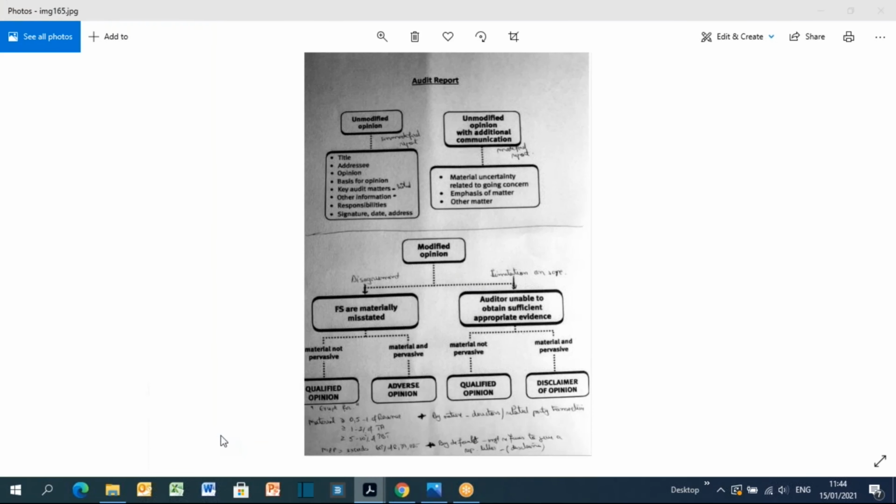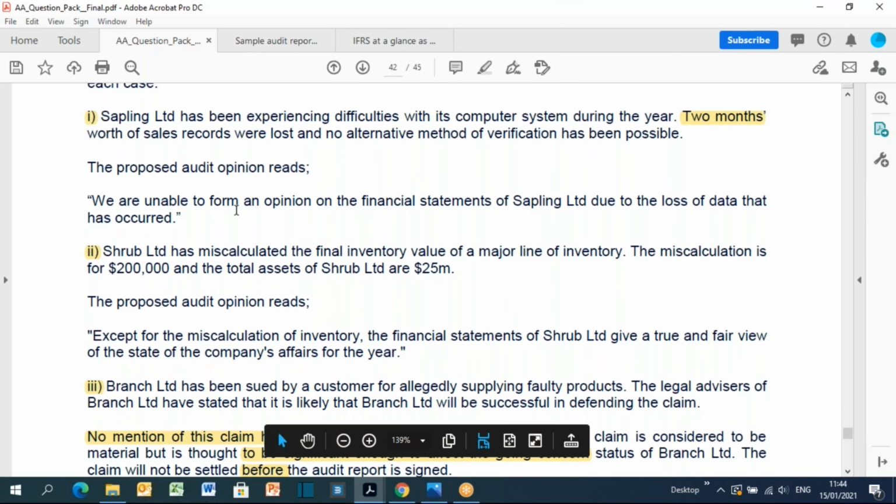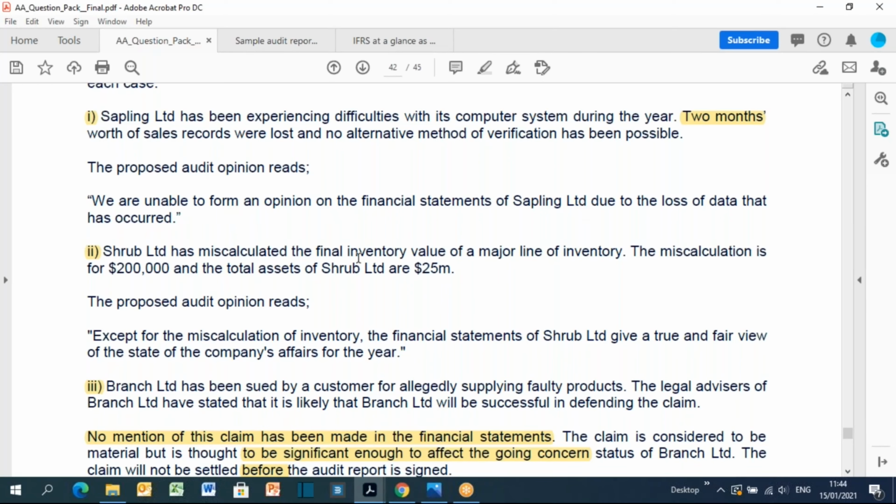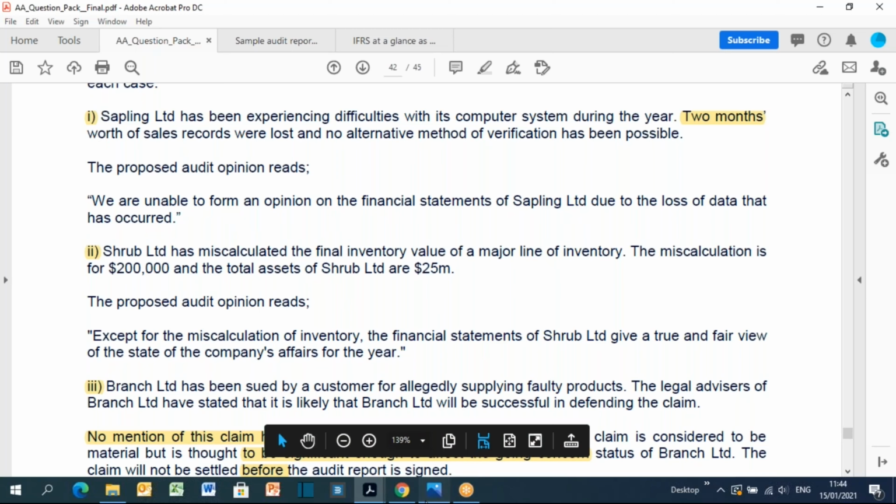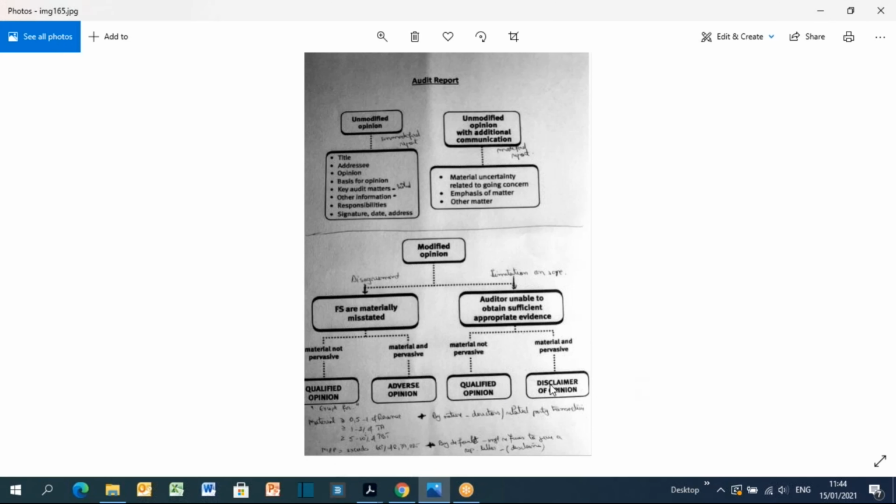It says we are unable to form an opinion on the financial statements due to the loss of data that has occurred. So what is the opinion given? It's a disclaimer. Unable to obtain sufficient and appropriate evidence, and they cannot just split that between material and not material. They take this as a whole and say it is material and pervasive, so they give a disclaimer of opinion.